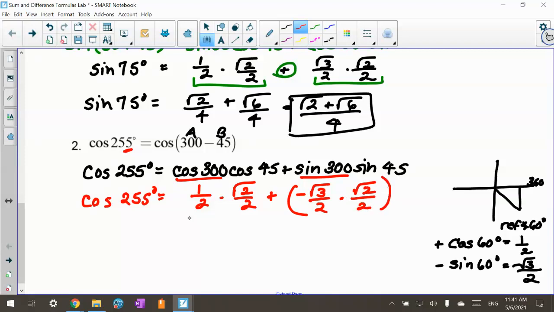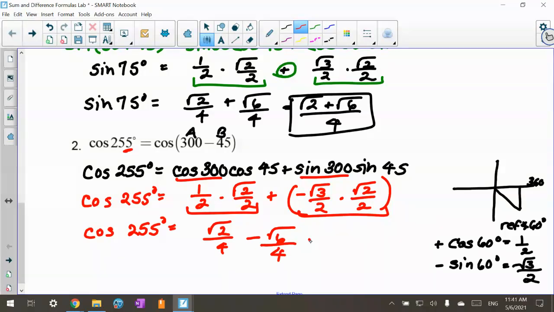Okay? So now the cosine of 255 degrees, I'm going to multiply this first and then this. So I've got radical 2 over 4 minus radical 6 over 4, common denominator, radical 2 minus radical 6 all over 4. That's my exact value. Okay, so that's what this is.